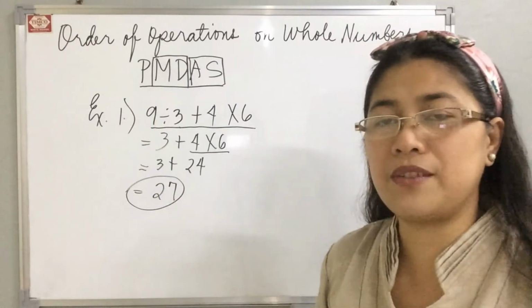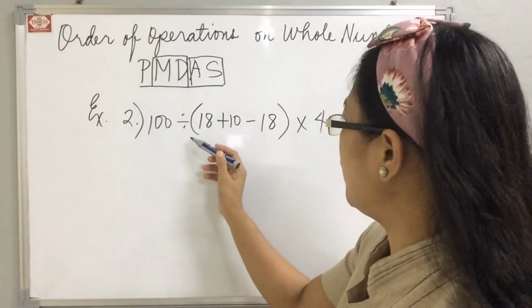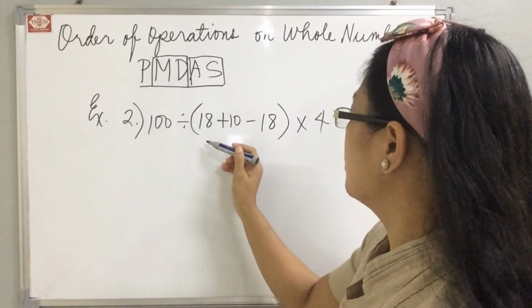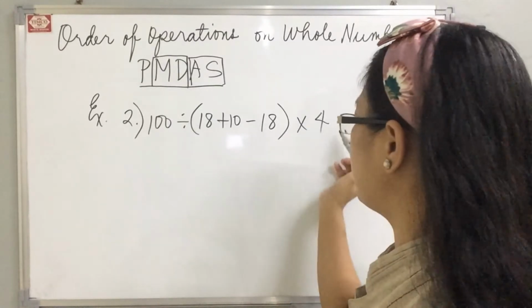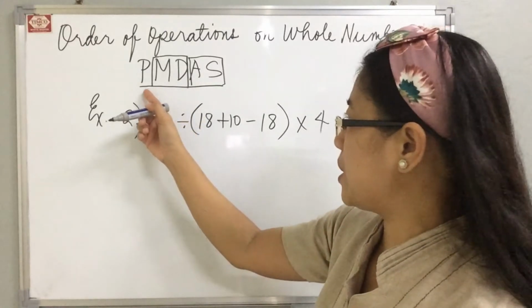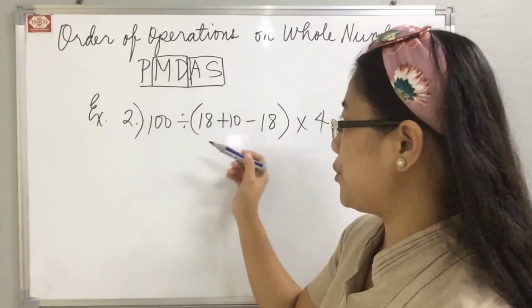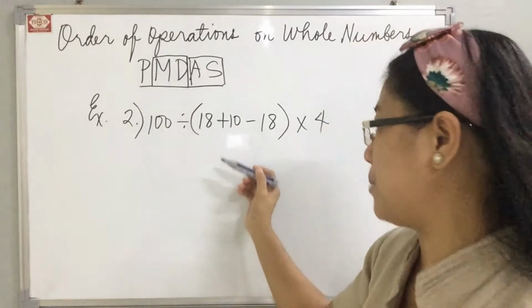Let's have another one. We have here 100 divided by the quantity of 18 plus 10 minus 18 times 4. Let us apply our rule, which is PMDAS. Do you see a parenthesis here? Yes, there is a parenthesis.